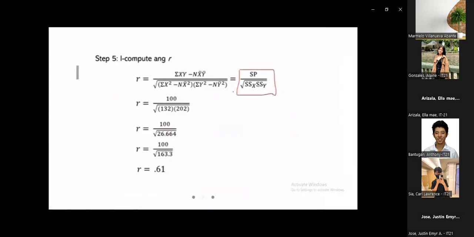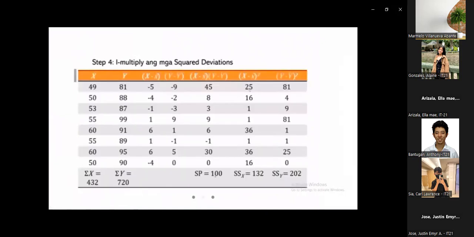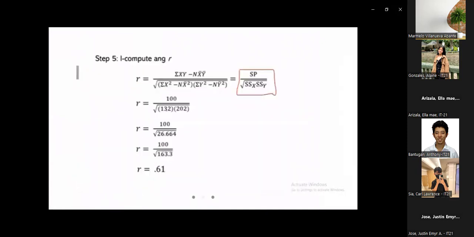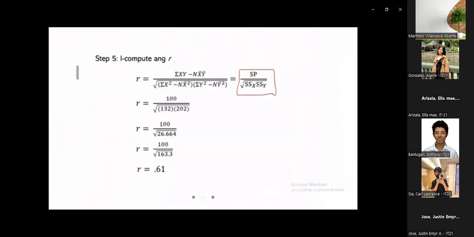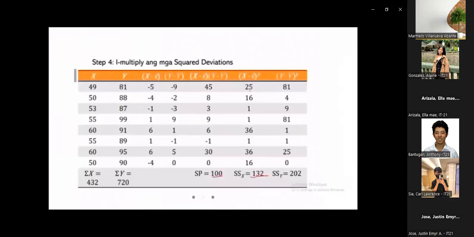So, kung babalikan natin, yung SP, sum of products, is 100. Then, i-divide natin yan sa square root ng summation ng squared ng x, ito 132, and then yung summation ng squared ng y, 202.